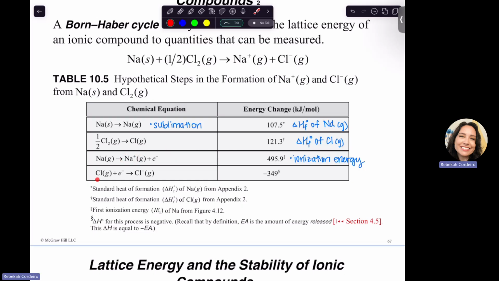Then we have to take our chlorine gas and we got to add an electron. This is the electron affinity. The electron affinity is basically how much energy do you get when we add an electron.